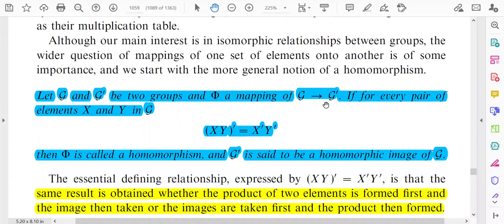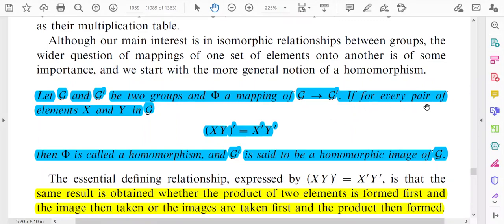Just like in the case of isomorphism, we are again considering two groups G and G prime, and phi is a particular mapping of G onto G prime. But how the mapping occurs is a little different from isomorphism. Listen very carefully to how the phi mapping occurs.